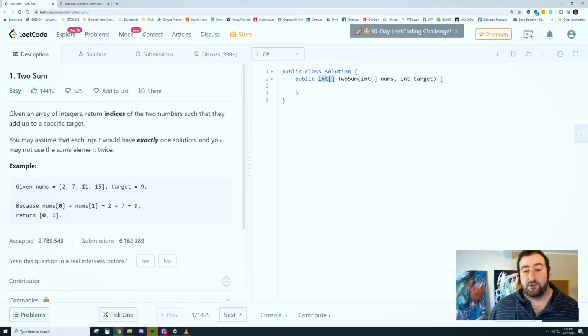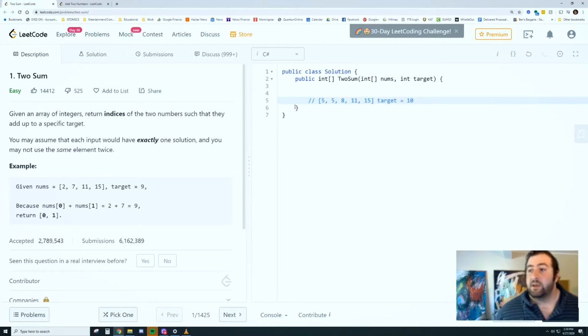A good example of that would be, instead of 2, 7, 11, and 15, let's say they give us a different input. Our input is actually [5, 5, 7, 8, 11, 15], and our target is equal to 10.